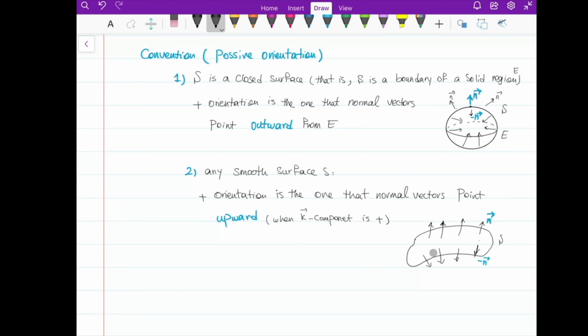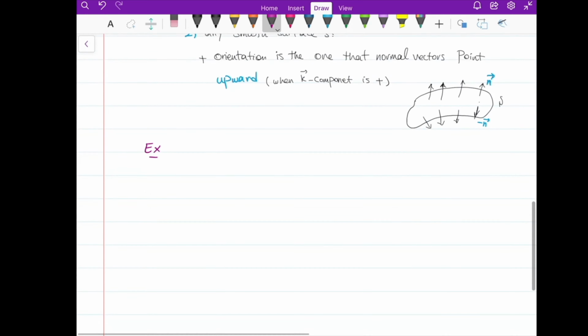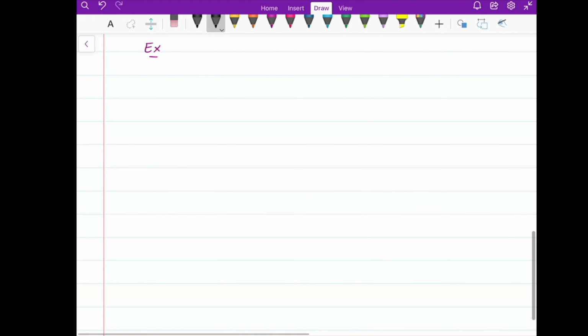Okay, so let me give you one example. The example is this: find a unit normal vector of z equals f of x and y, and tell whether it gives positive orientation.